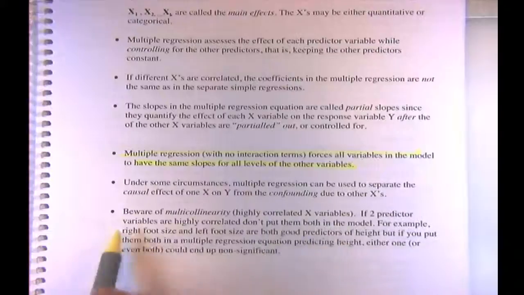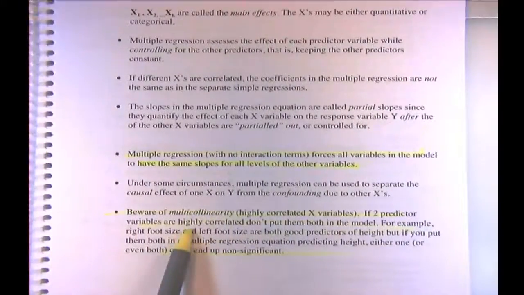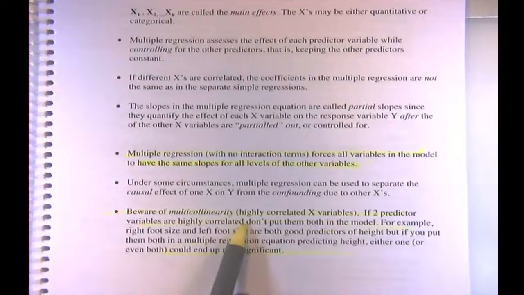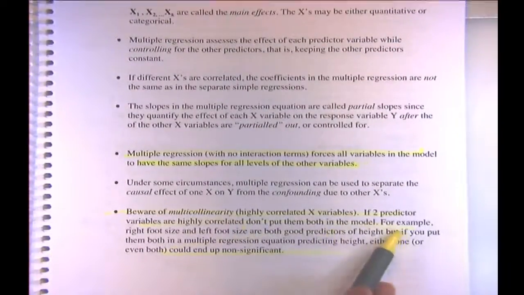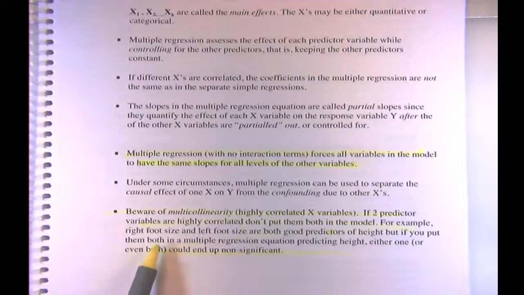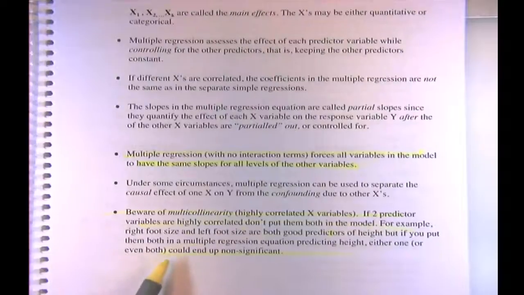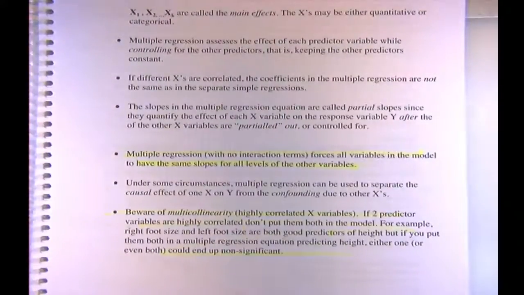This is important, and we haven't talked about it yet: if two predictor variables are highly correlated, you don't want to put them both in the model. Here's a good example. Let's say you're trying to predict height from your right foot. Your right foot is a very, very good predictor of height, right? And adding your left foot isn't really going to help you very much.